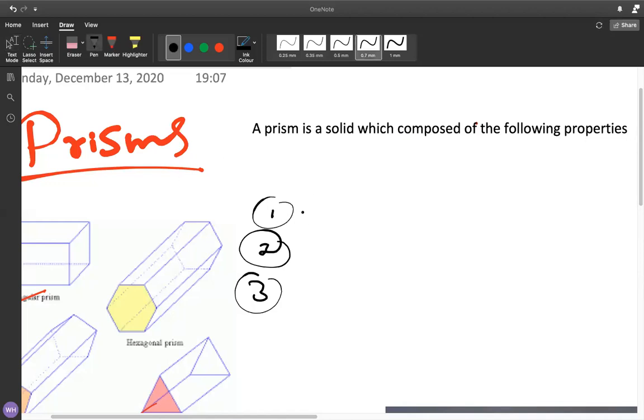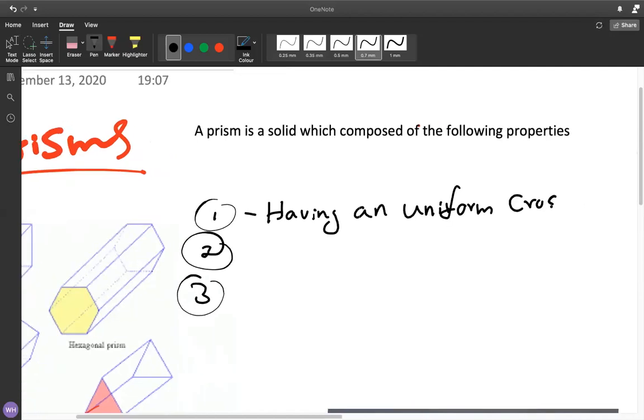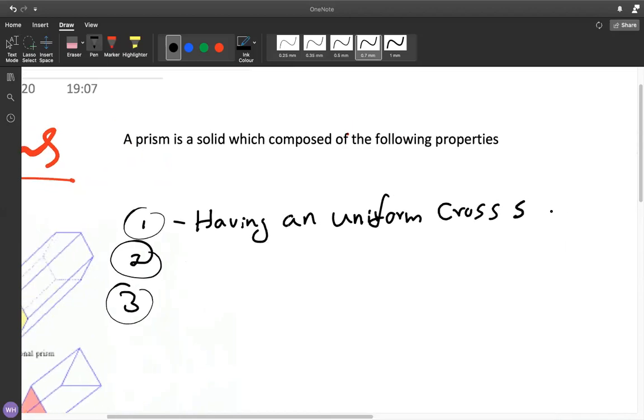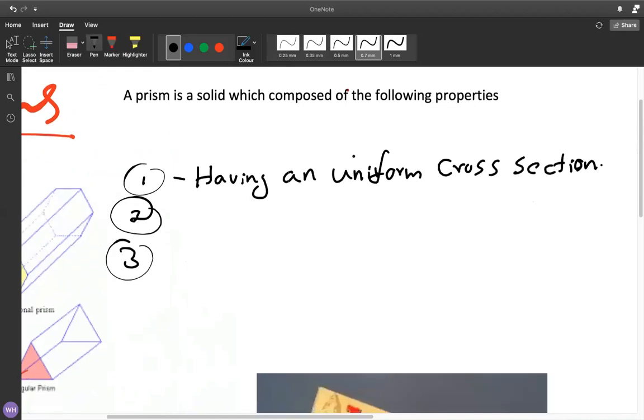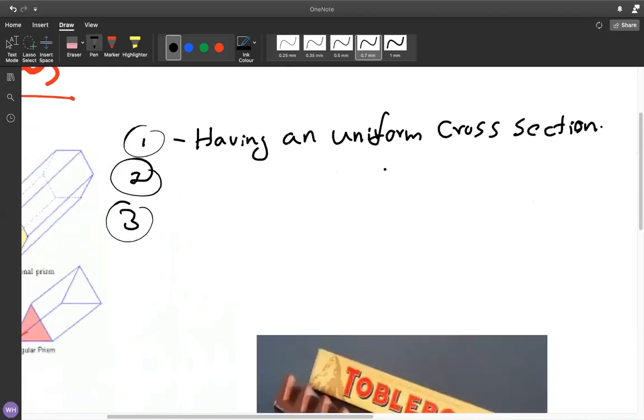Number one, having a uniform cross section.